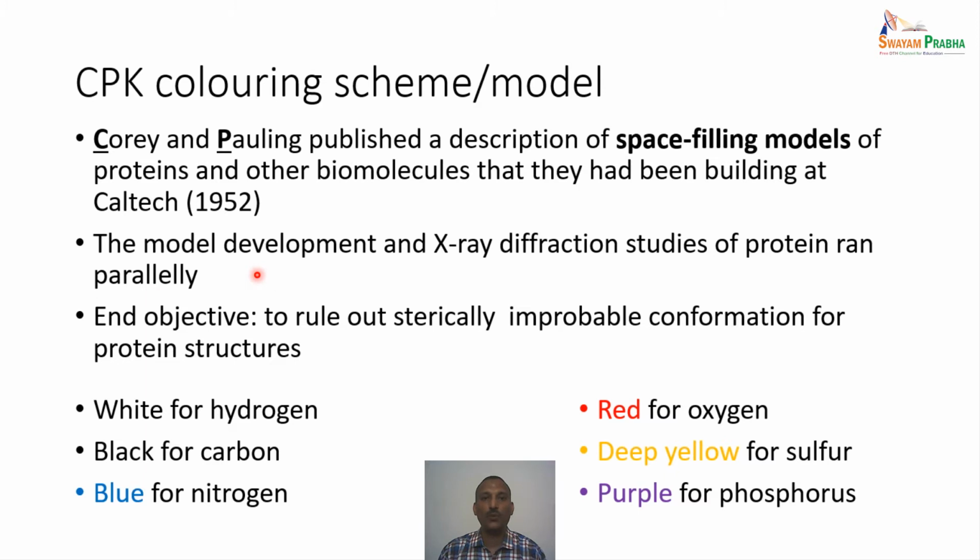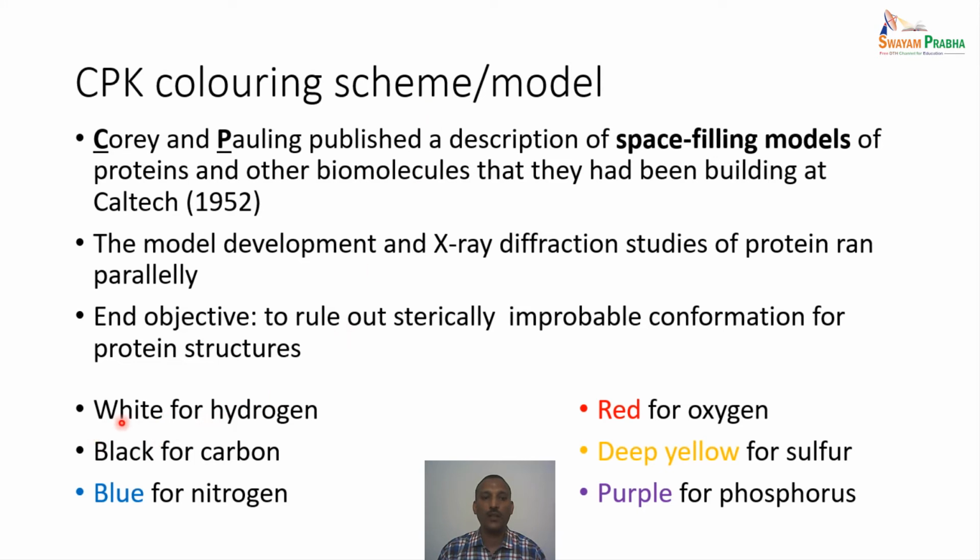They wanted to represent the structure of proteins using molecular models, so they used the CPK model in the beginning, and their end objective was to rule out sterically improbable conformations for protein structures. So their main focus was to identify how we can represent molecules in physical terms. That is why they developed this CPK coloring model.